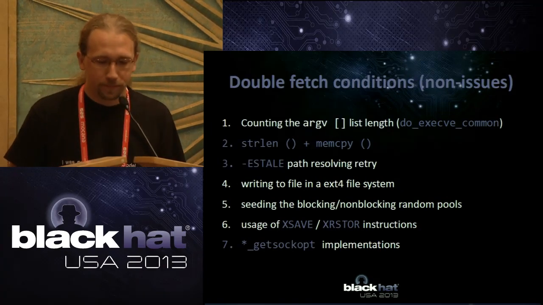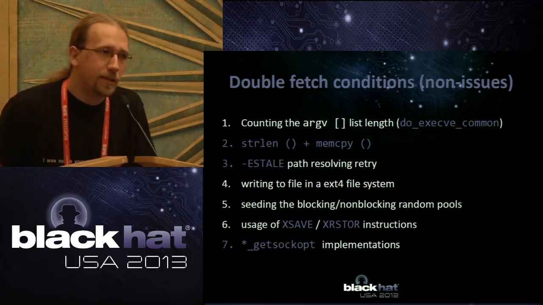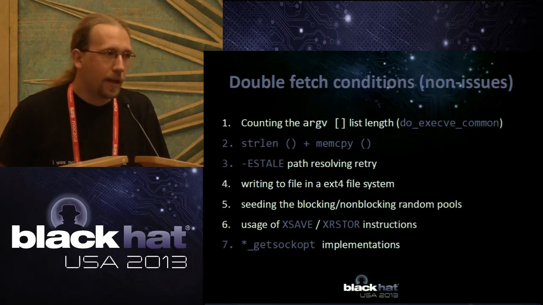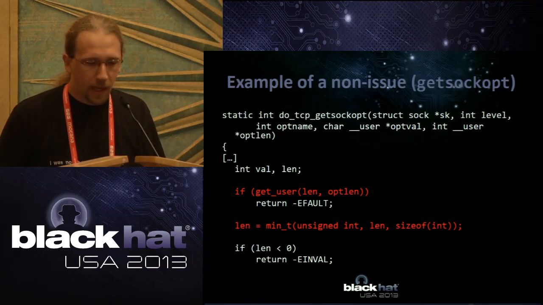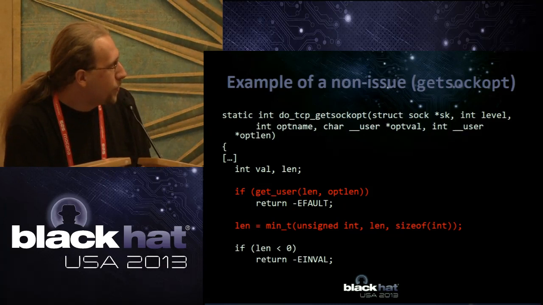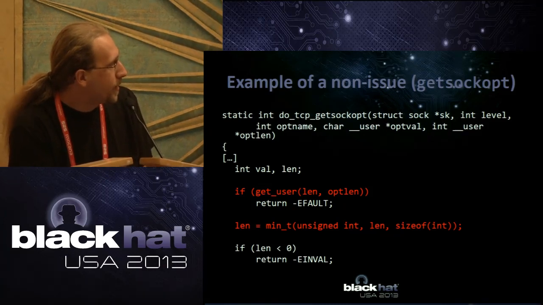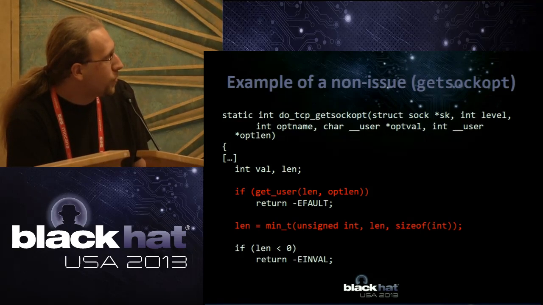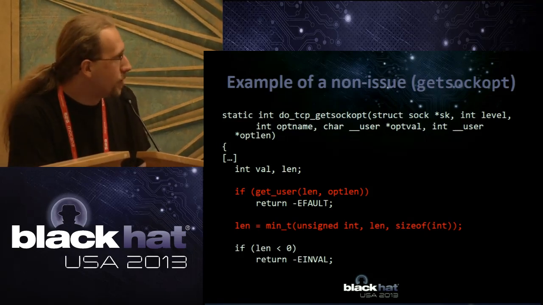What can I say? So that doesn't mean we didn't detect any double fetch conditions. We did, actually a couple of them, but there were no exploitable ones. I'm going to talk about one in do_tcp_getsockopt. There's a get_user on the length: it gets an optlen from this pointer, gets the length, the integer, to this integer variable.